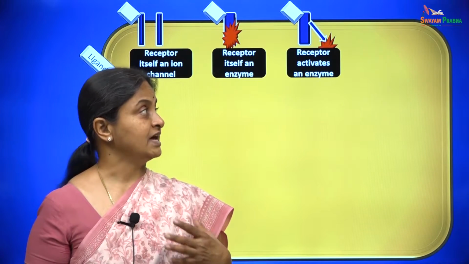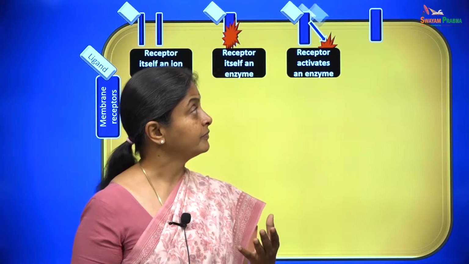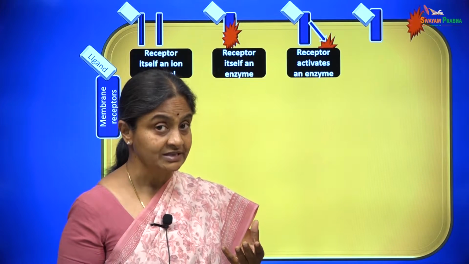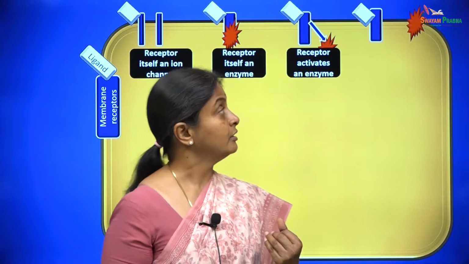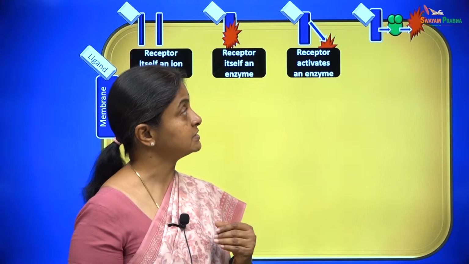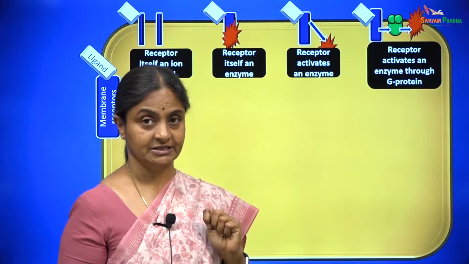And the fourth type is the one we saw earlier, where the ligand receptor combination activates an enzyme on the membrane, a membrane enzyme, through a G protein. And these receptors are called G protein coupled receptors.